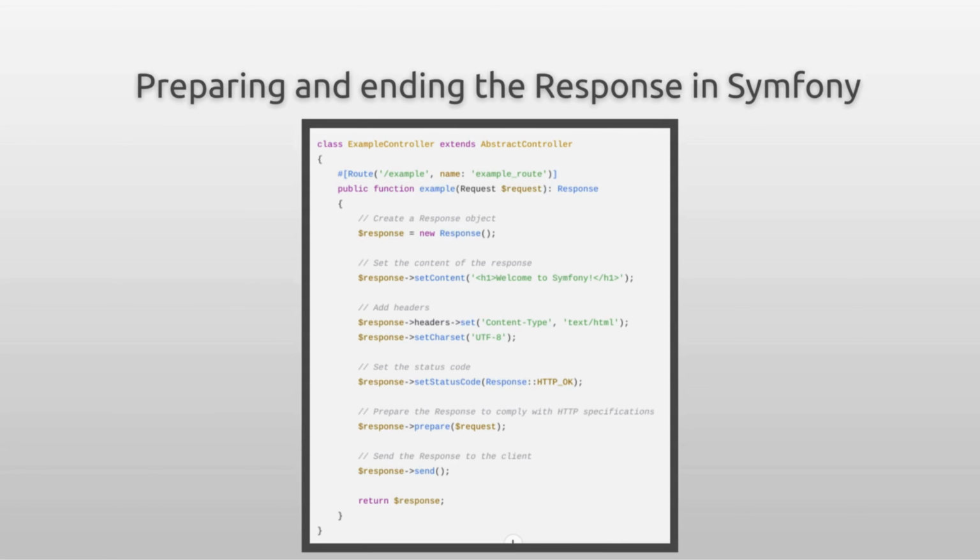The send method sends the response content, headers, and status code to the client. It marks the end of the request-response cycle. The send method accepts an optional flush argument. By default, this argument is true, meaning Symfony calls functions like fastcgi_finish_request for FastCGI servers, or maybe litespeed_finish_request for LiteSpeed servers.